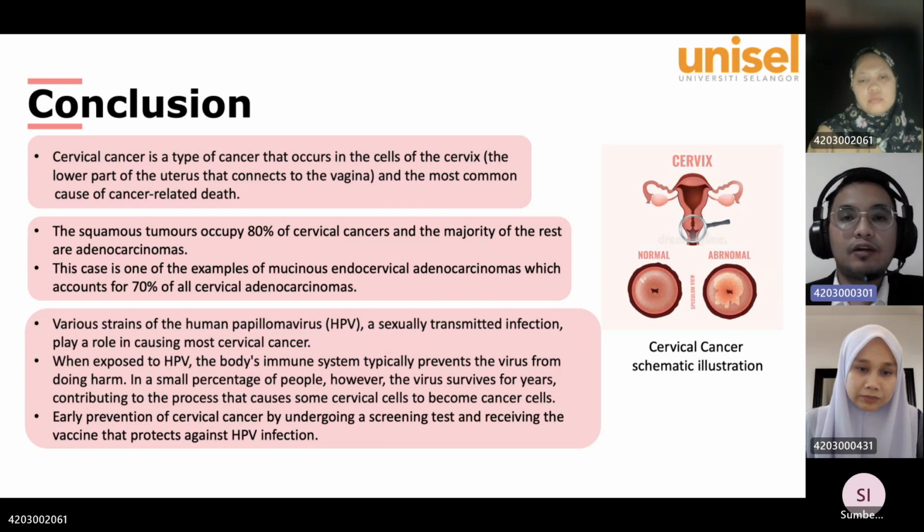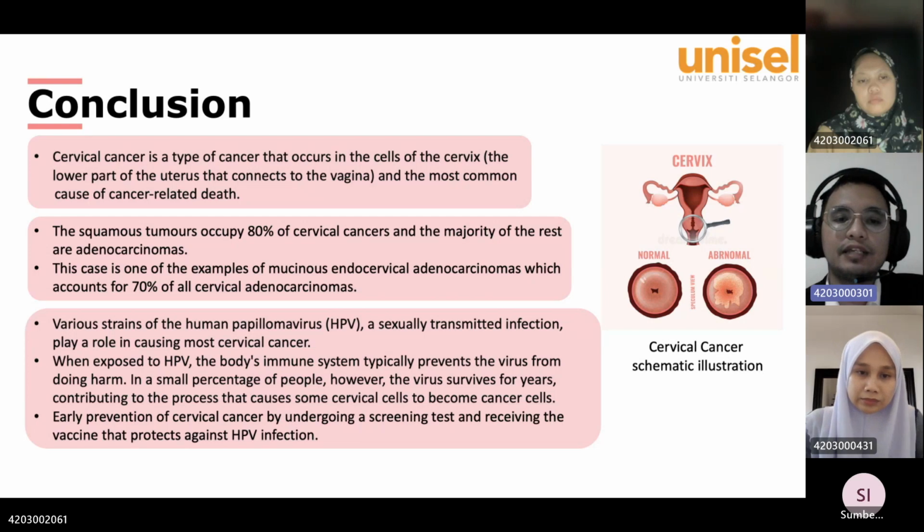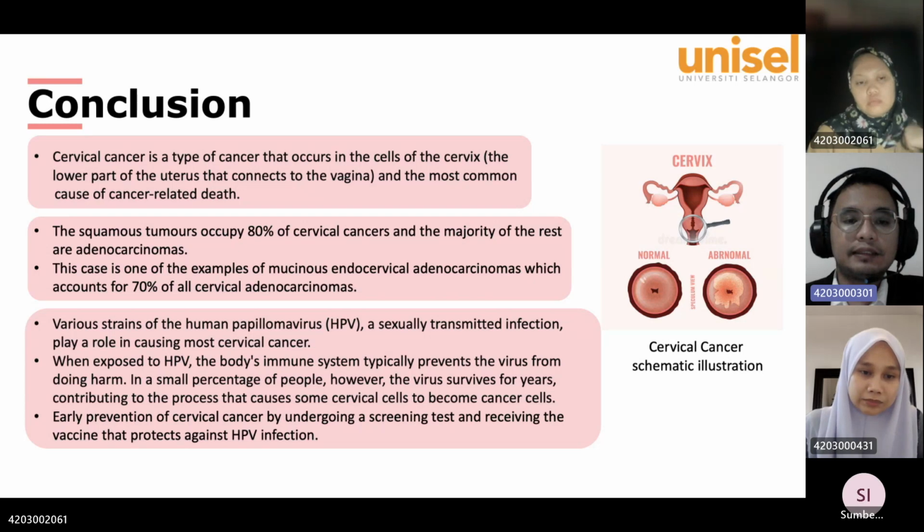This case is one example of mucinous endocervical adenocarcinoma, which accounts for 70% of all cervical adenocarcinomas. Various strains of HPV, human papillomavirus, a sexually transmitted infection, play a role in causing most cervical cancer.